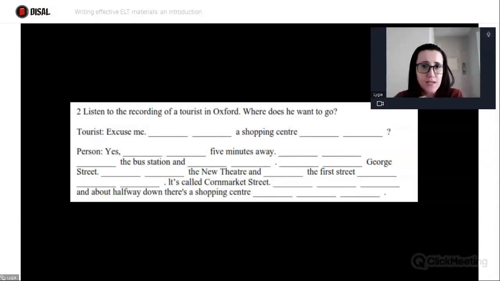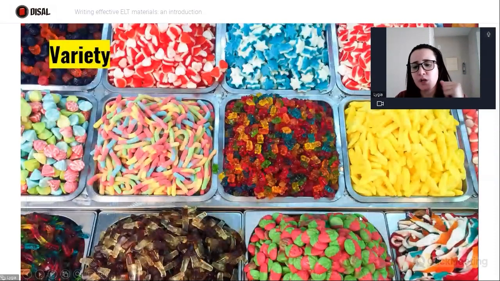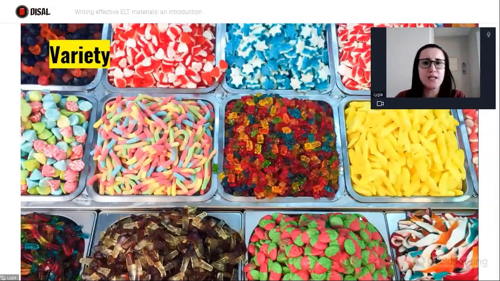But 8 is a good number overall, so we can keep this number in mind when we write controlled practice activities, as I've mentioned, or reading or listening for specific activities.